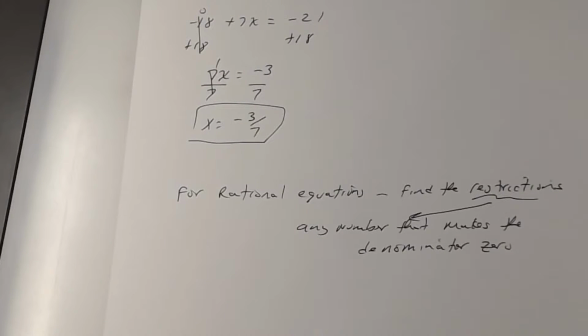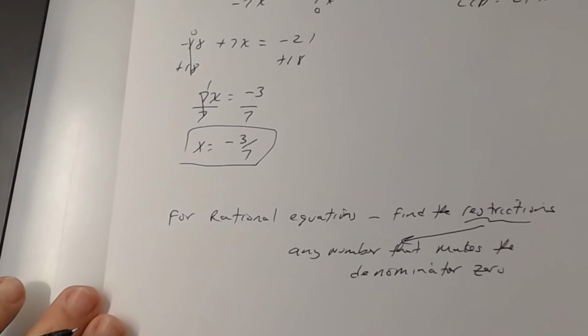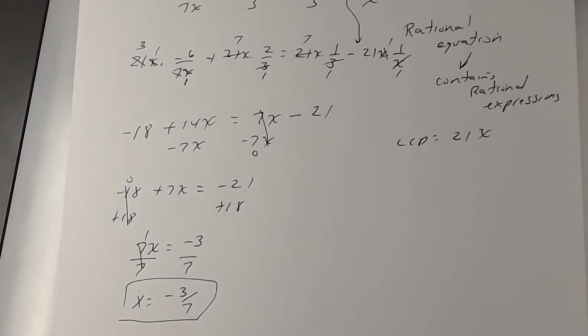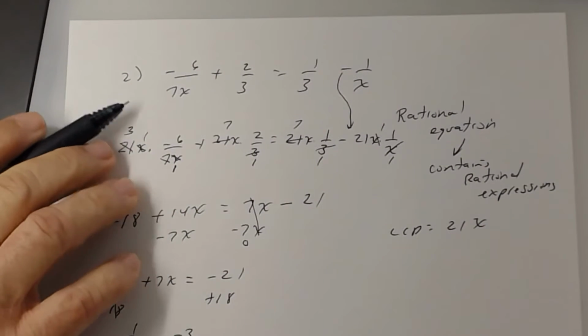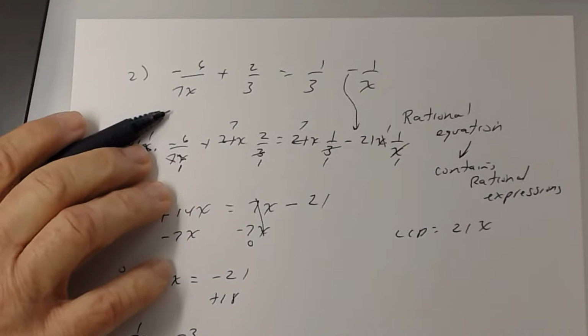You're going to get an error. So when I go back to number 2, did I see a variable in my denominator? Yes, there's a variable, so I have to find the restriction.